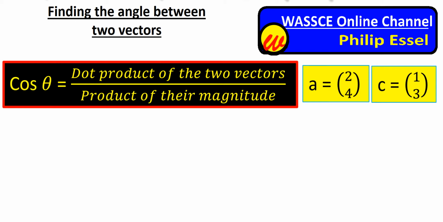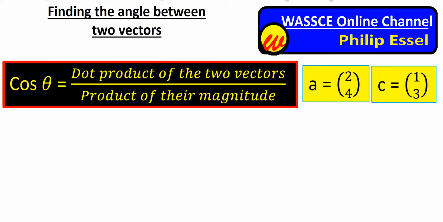So we have to do three main things. First, we have to find the magnitude of the vector a. When we are done, we'll find the magnitude of the vector c. Then we'll find the dot product of the two vectors a and c. So let's start by looking for the magnitude of the vector a.